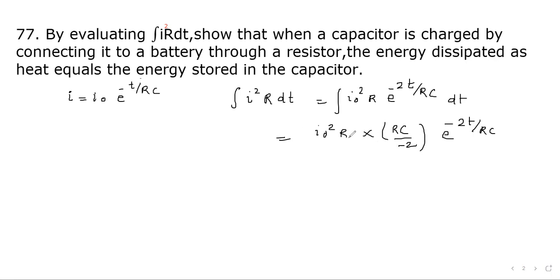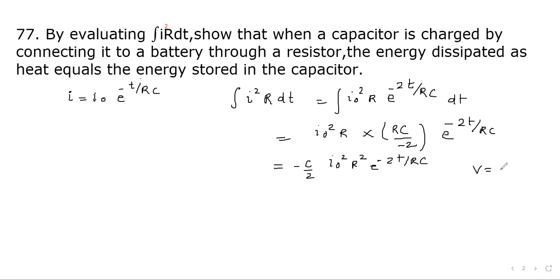So from here, we can write it as minus C by 2 I0 squared R squared e to the power minus 2t upon RC.